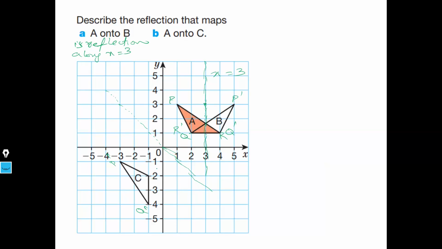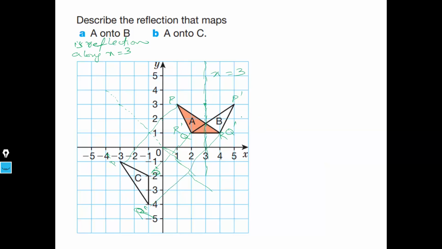Look, this Q and Q dash are equal distance from this. This is 1.5 units down, it's 1.5 units up from this line of reflection. P is again 2 units up from here, and this is 2 units down. So these all are equidistant from this line.